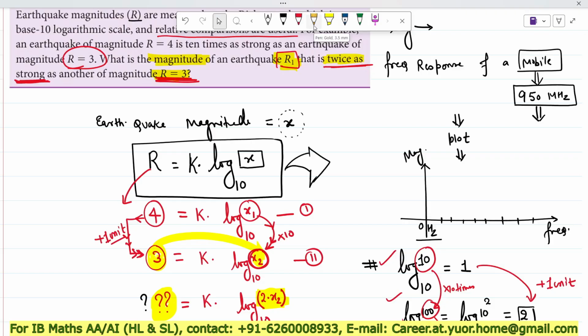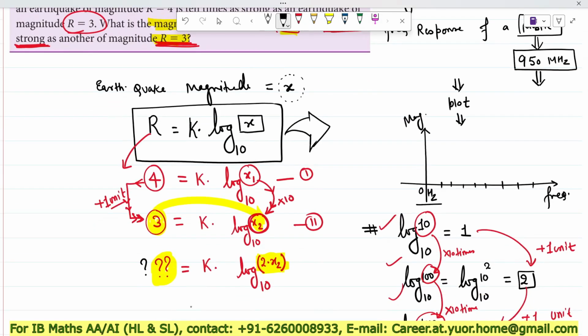So how can we solve? Okay, we can apply the log property. See now, for the time being, I'm ignoring this k. If we apply the property of log, can we write this simply as log 10 2 plus log 10 x2? Is it okay? Do you know this log property?